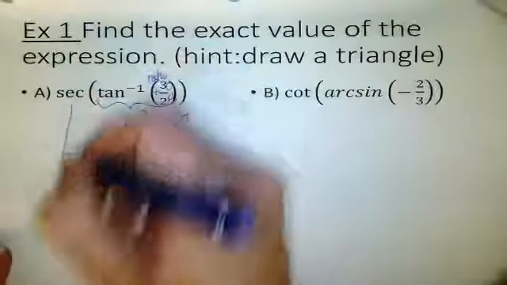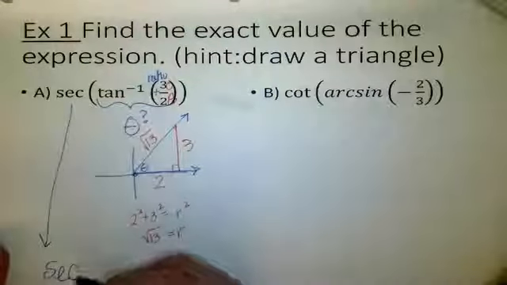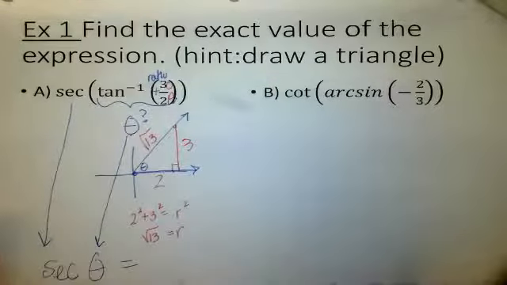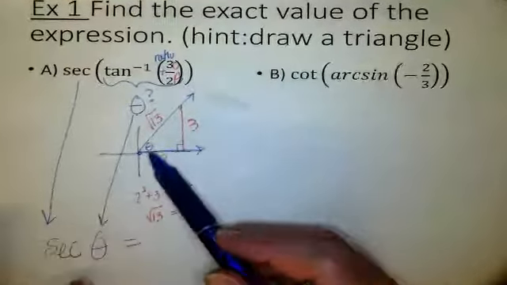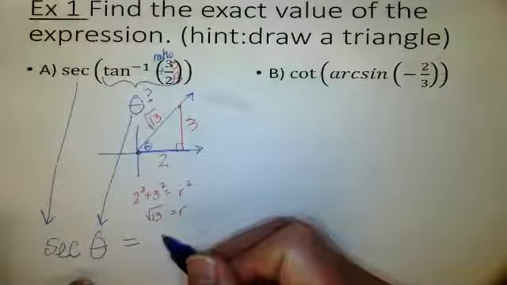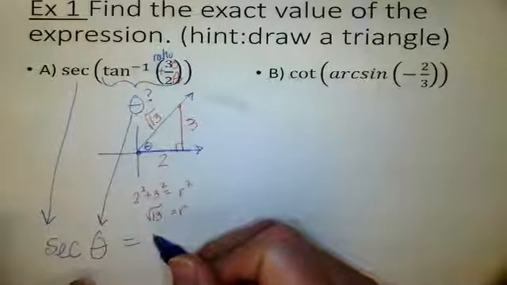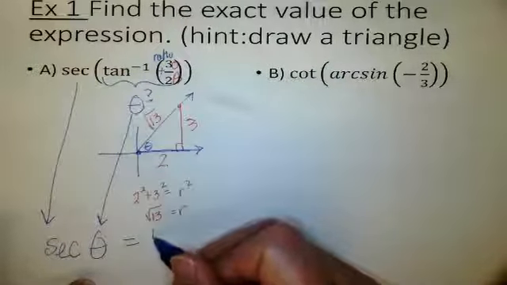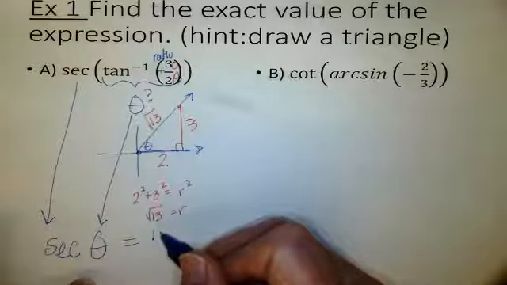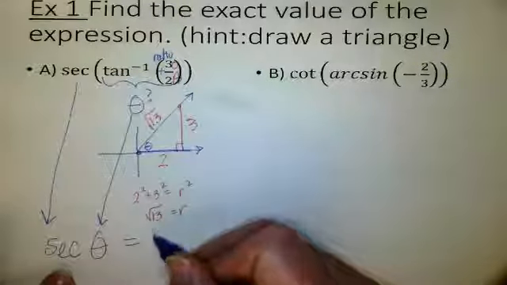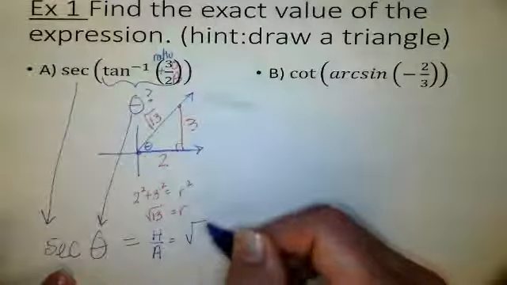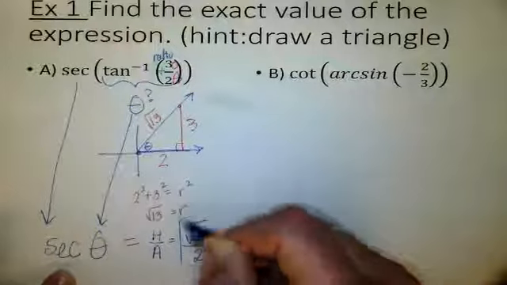We did it. So now we get to find what's secant of that angle that we just drew. What is the secant ratio according to the angle we just drew? Secant is the reciprocal of cosine, so hypotenuse over adjacent, which would be radical 13 over 2.